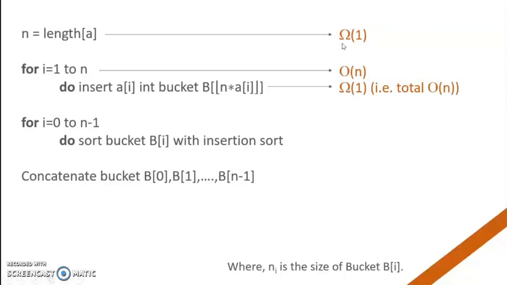So it will be big O of n, but here we are taking only one statement, n is equal to length of A, so its complexity will be omega of 1. In the next for loop, the loop is running from 1 to n, so its complexity is big O of n, and the next statement will execute n minus 1 times, but in terms of complexity we will write big O of n. The next is the same.